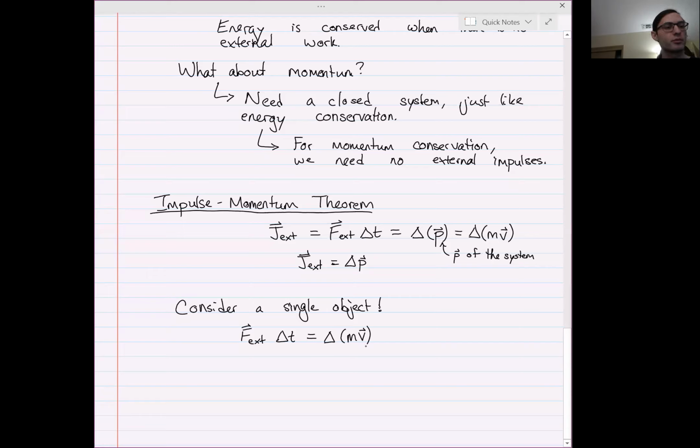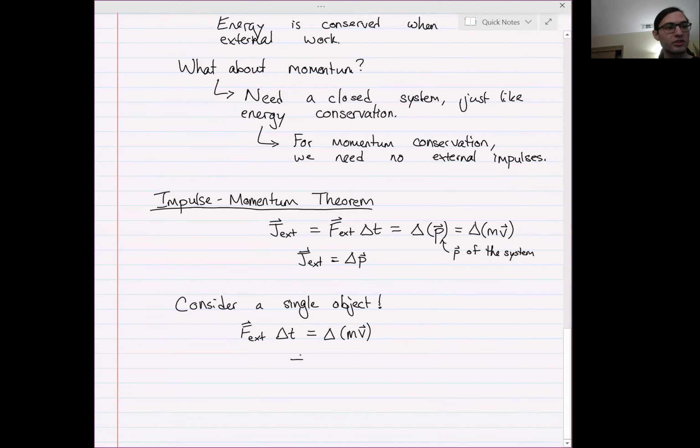Assuming that the mass doesn't change with time, which is a typical assumption, we can rearrange this to get that the external force is equal to the mass times the change in velocity divided by the duration, which is just m times the acceleration for a small delta t. So the impulse momentum theorem is literally just Newton's second law, just a more general form of it.